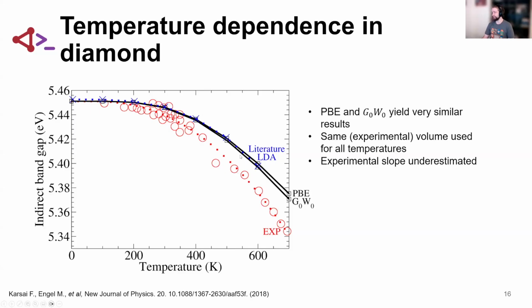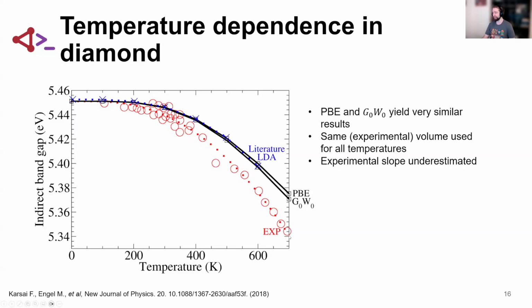And here we present values from PBE as well as G0W0 and compare against literature results from LDA. Now I have to say here also that these initial values here are shifted to the same point. So they have the same starting value. So what we're interested in here is really the shape, the curvature of this curve. And we compare them against experimental values.